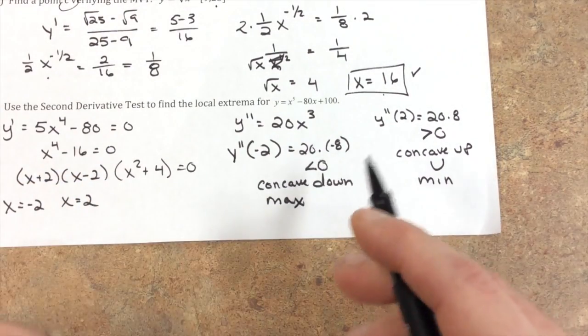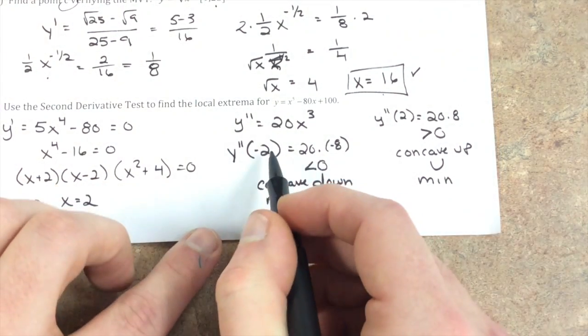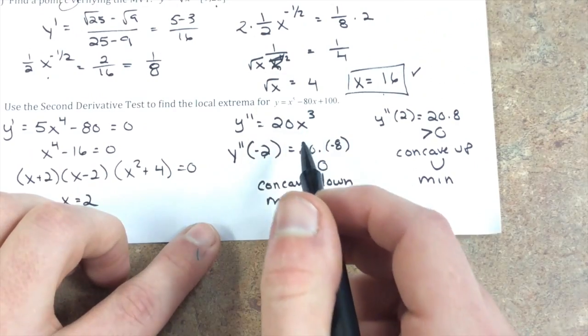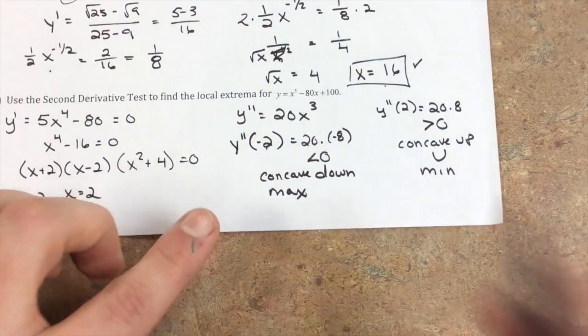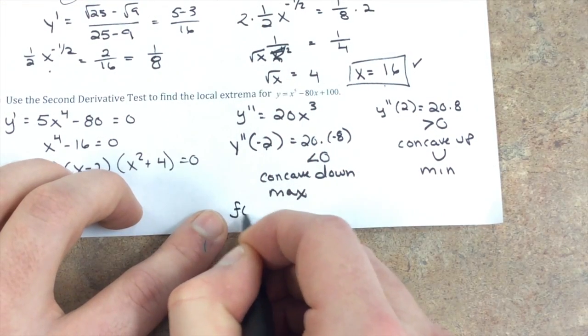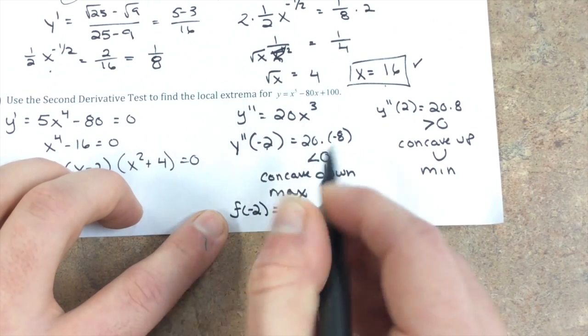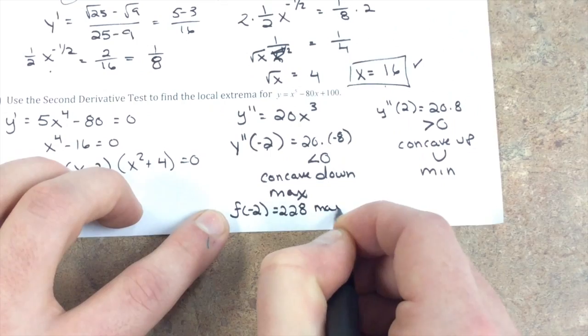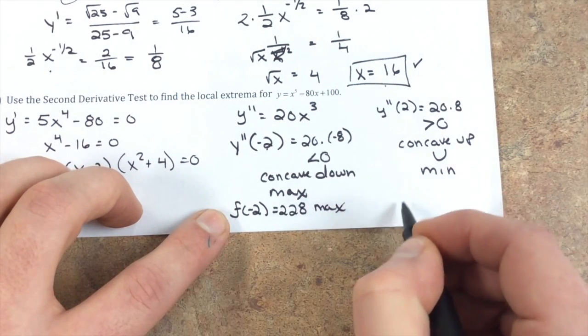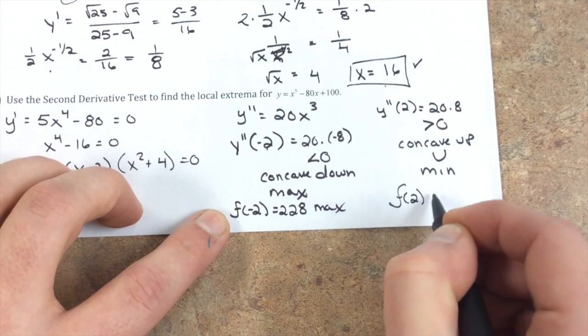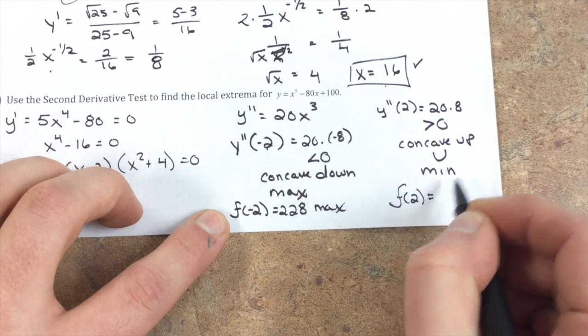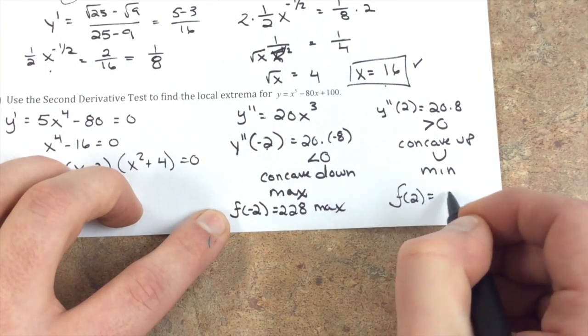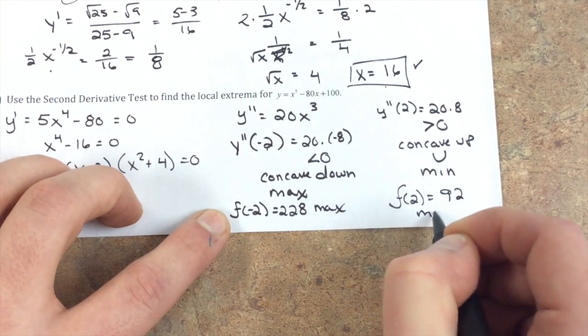So if we wanted to go a little bit further, I could plug negative 2 back into my original function and say that at f of negative 2, we get 228, which is a max. Likewise, I could plug in f of 2, and I would get 92, which is a min.